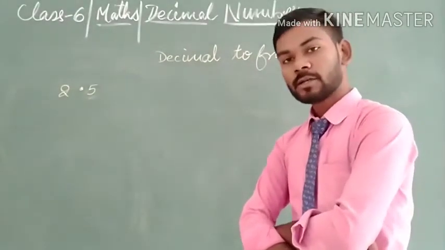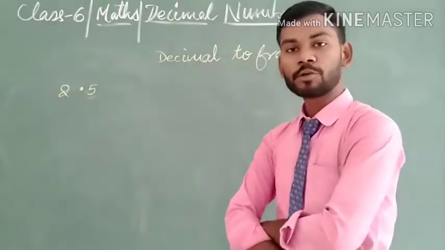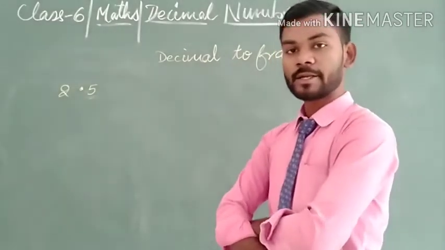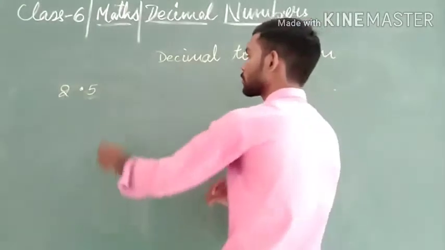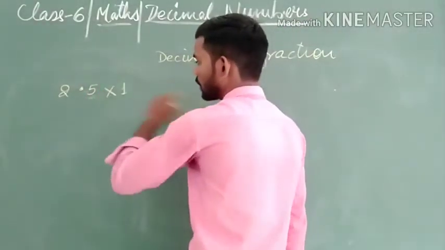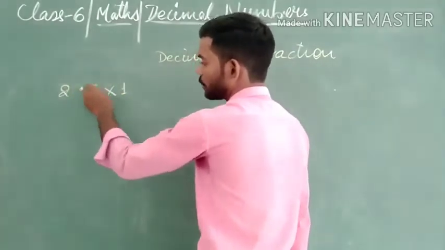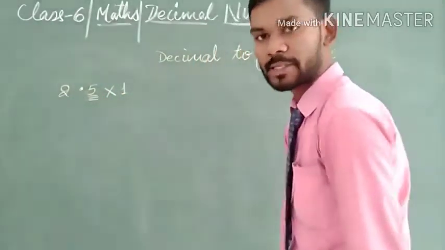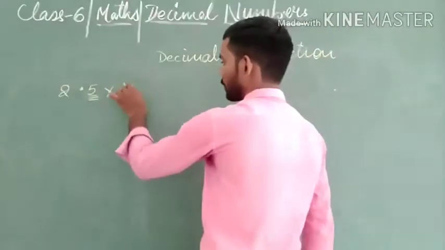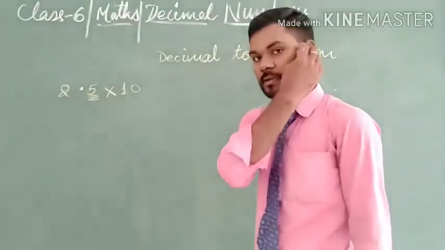We know that the multiple of 10 which has the number of 0 as 1 is only 10. So here we write 1 in place of the decimal, and you can see that there is only one digit on the right side of the decimal. Therefore we write 10, that is, we multiply the given number by 10.